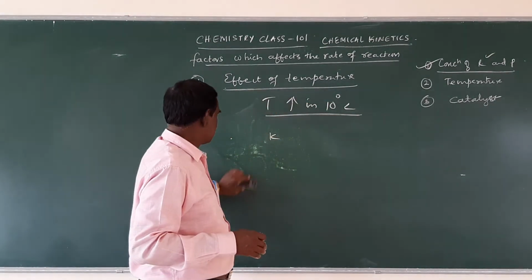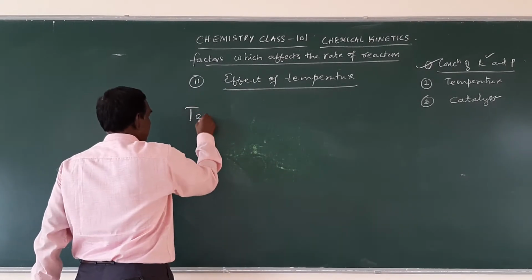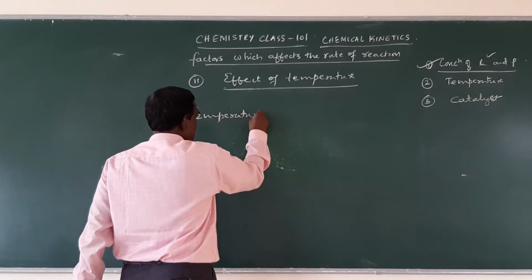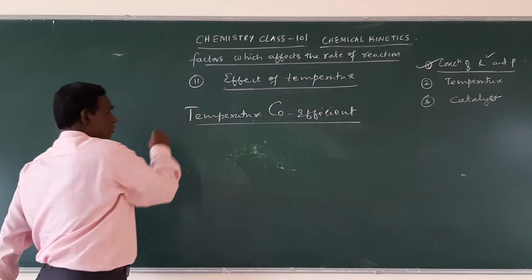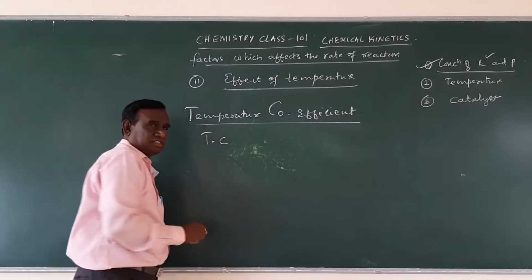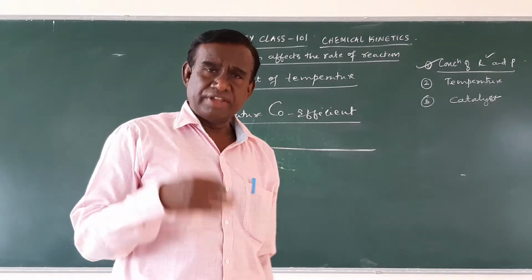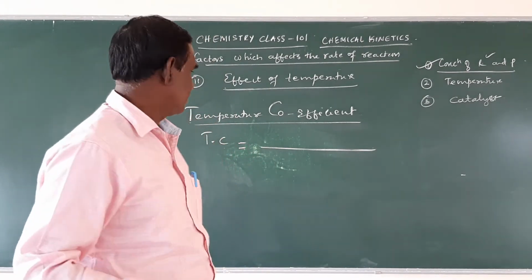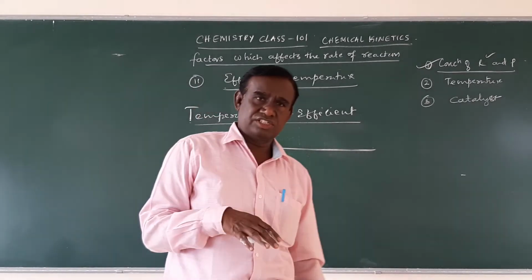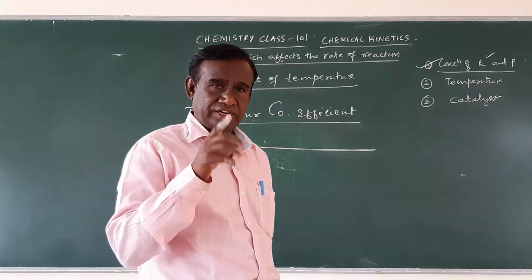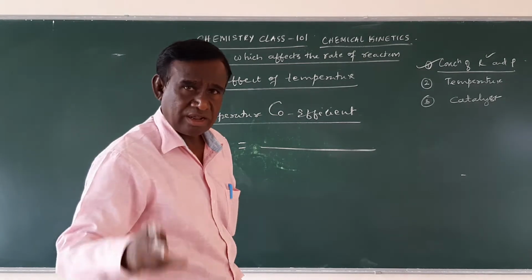This concept is explained with respect to the temperature coefficient. Temperature coefficient Tc is defined as the ratio of the rate constants of a reaction at two different temperatures differing from one another by 10 degrees Celsius.